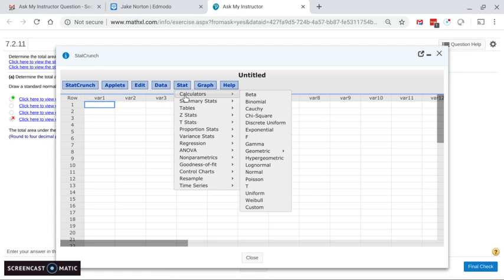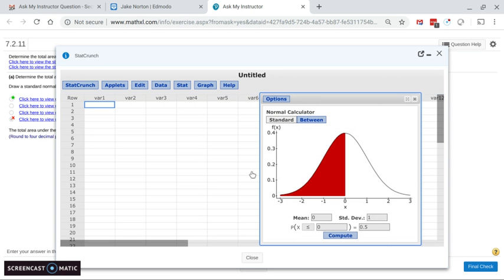So we go to calculators, normal, and it's already the standard normal one because they set the mean to 0 and the standard deviation to 1. Now, a couple ways to do this, okay? Because there's no setting on the StatCrunch calculator that will give you the direct probability.